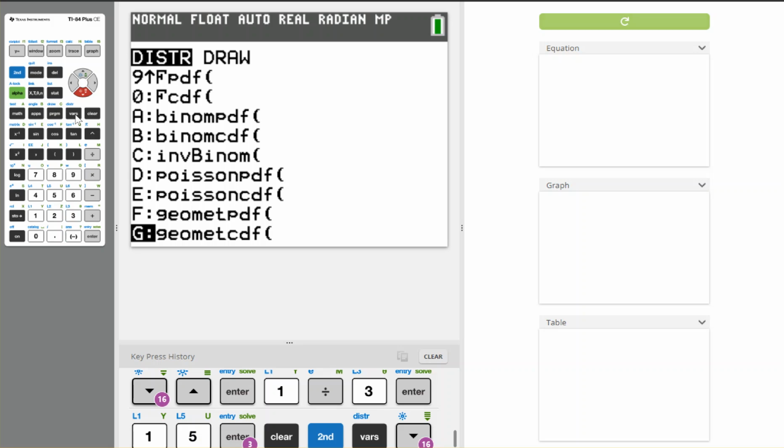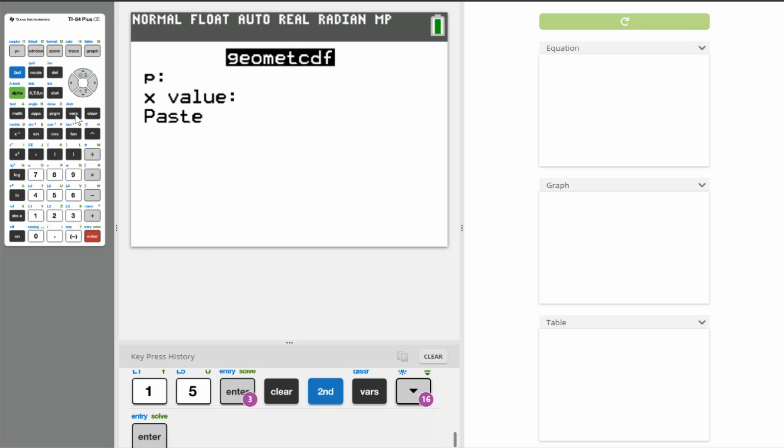If I just want to know that on the 10th roll I finally win, I would use the geometpdf function. But we're interested in by the 10th roll. So once I hit that, I'm bringing up the menu. It's going to ask me what's the probability of success. Well, it's 1/3. So there's a 1 in 3 chance you win. We are interested in winning by the 10th roll.